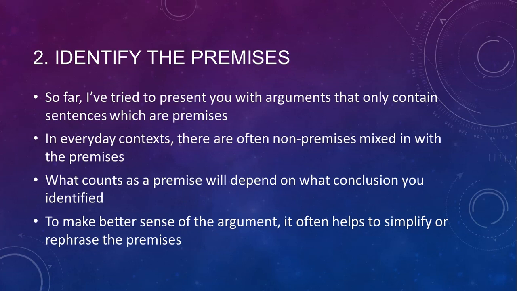So basically, from here on out, you're going to have to look at the text and say, okay, which parts of this are meant to be reasons for me to believe the conclusion or one of the sub-conclusions, and which of these are maybe explanations of some of the context? Perfectly reasonable thing to do in an argument. Not every move that you're making in the text is necessarily a premise.